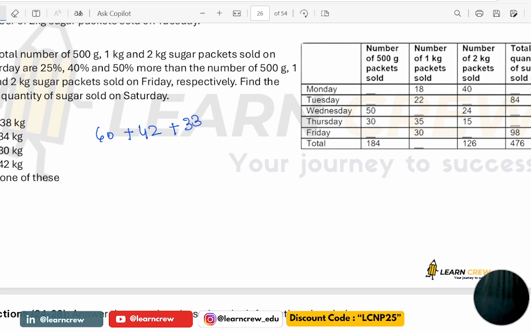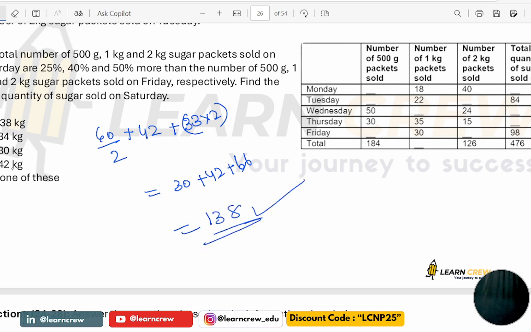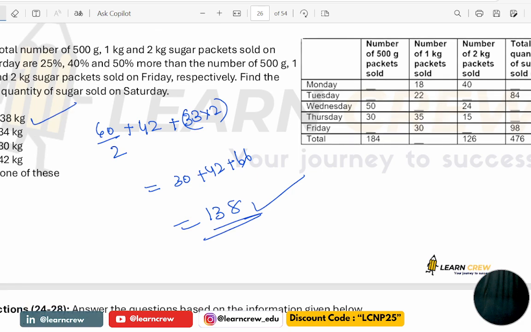Sorry, these are the number of packets. So total quantity means 60 by 2 plus 42 plus 33 into 2. Thereby how much are you going to get? 30 plus 42 plus 66, which is 138. 138 is the answer.